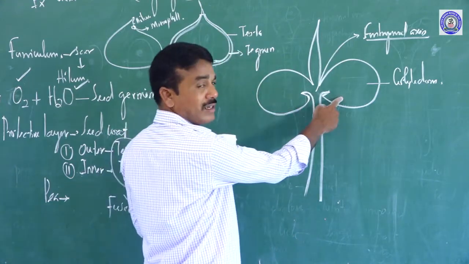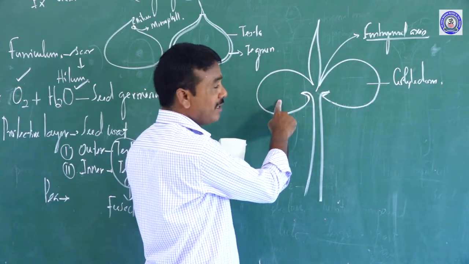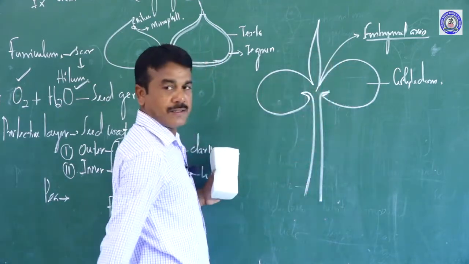The cotyledons exist on either side of the embryonal axis.